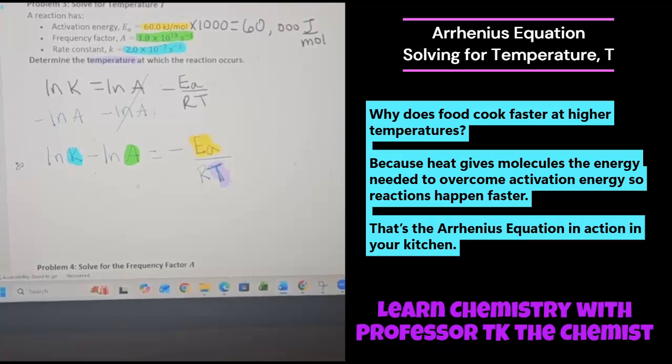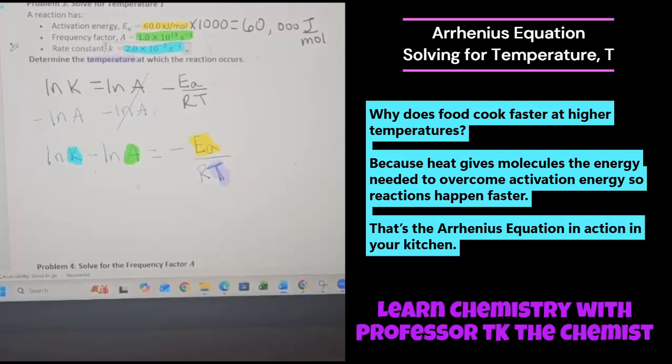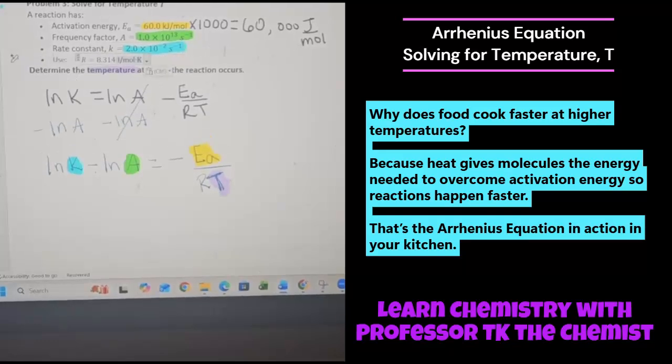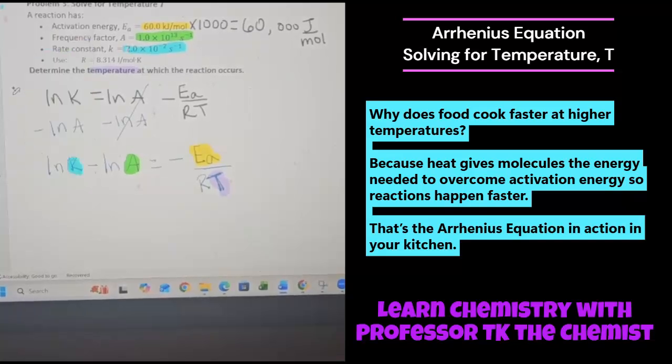And then your R, this is what we had from before. You're going to put your R on the bottom. That number goes right there. So what you're looking for is what's in purple.